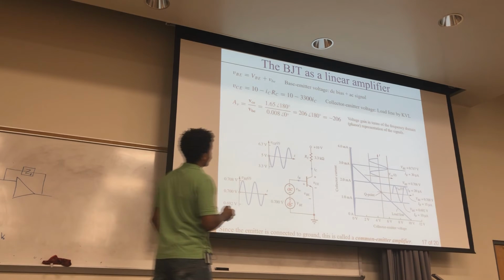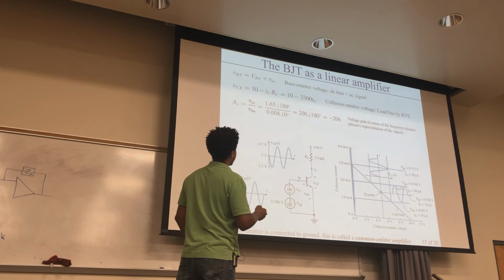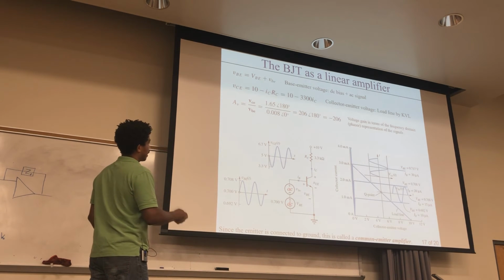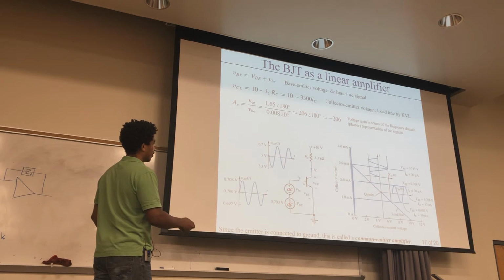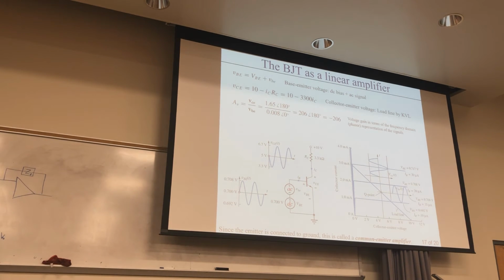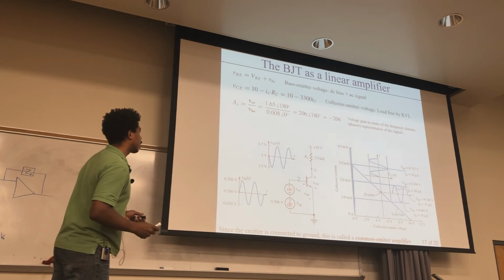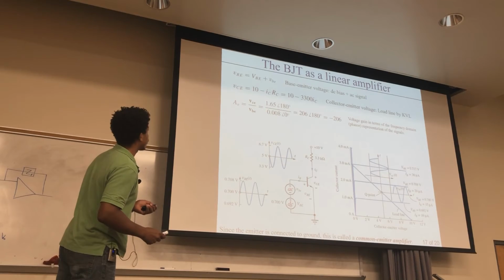You also have this collector voltage, which is the load line, and you can get that by KVL right here. And this line right here is just like the straight line equation, right? So let's see the output. Your output is collector current.